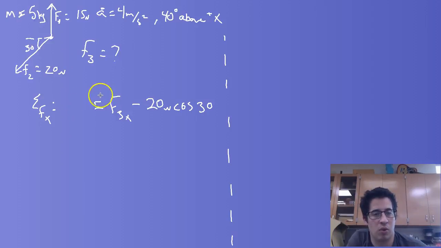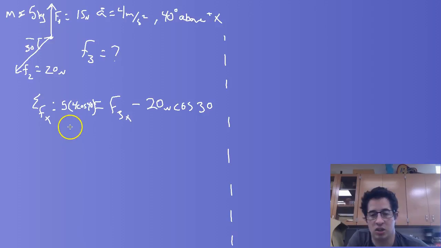And so what we need to figure out for this part is the acceleration. So the mass of 5, and then for the acceleration here, it's going to be 4 times the cosine of 40, since it's only the part of the acceleration acting in this horizontal direction.